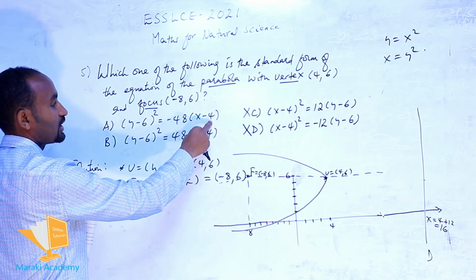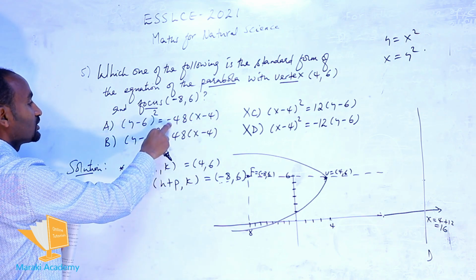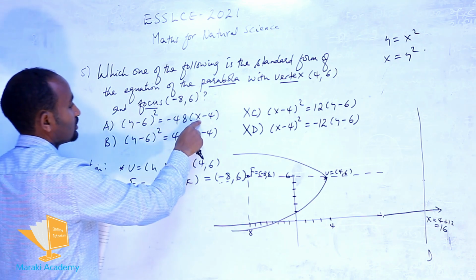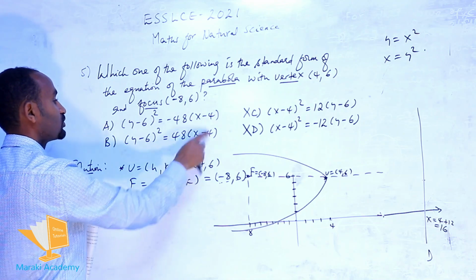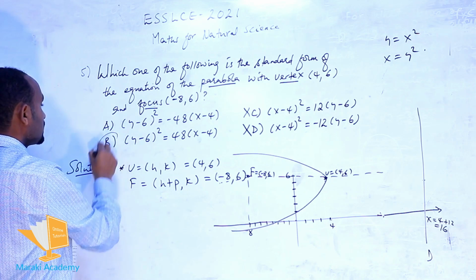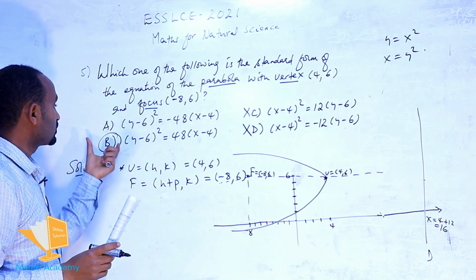If you write 5 minus 4, 1, there is a negative here. So the square of a number cannot be negative, right? So if you write 5 here, 5 minus 4 is 1, this is positive, so y would be some positive value. So the answer is B. Okay? This is exactly equation one.